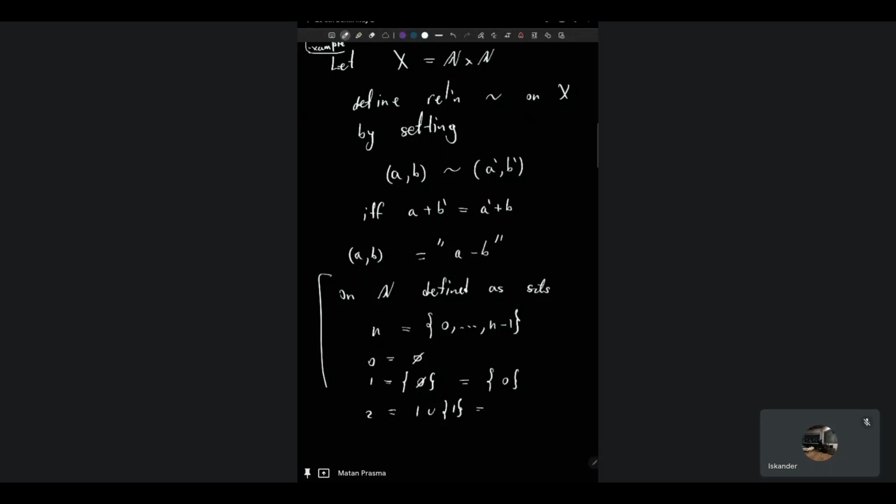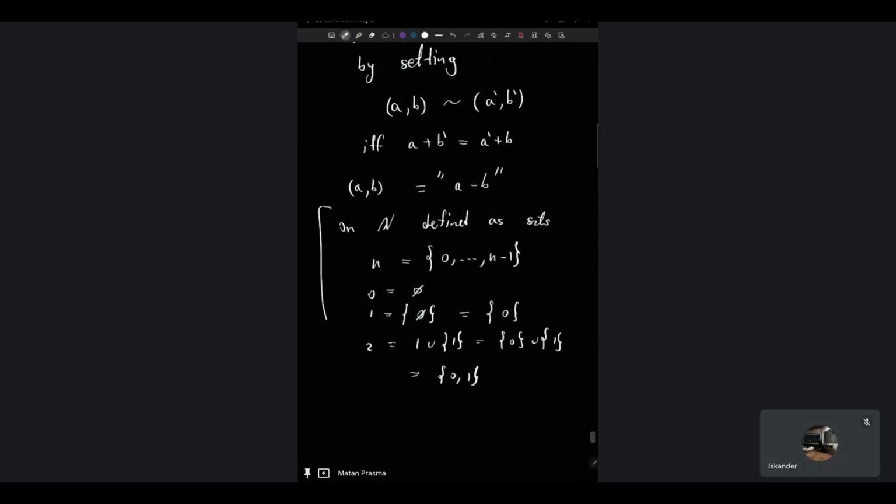But what is that? 1 is the set containing 0. Union 1, this is the set of 0, 1. So it's a bit funny, but in this definition of natural numbers as sets, the element n is simply the collection of all numbers previously defined before n.